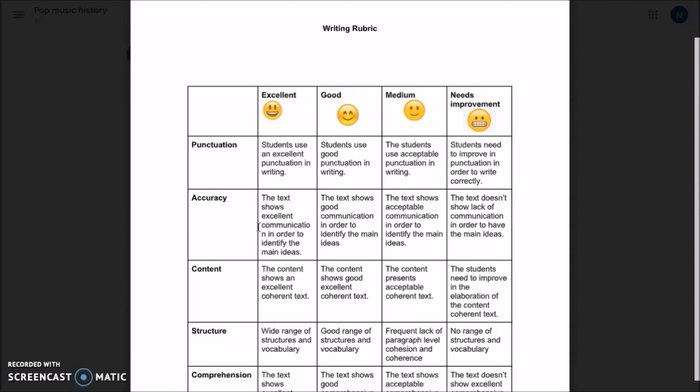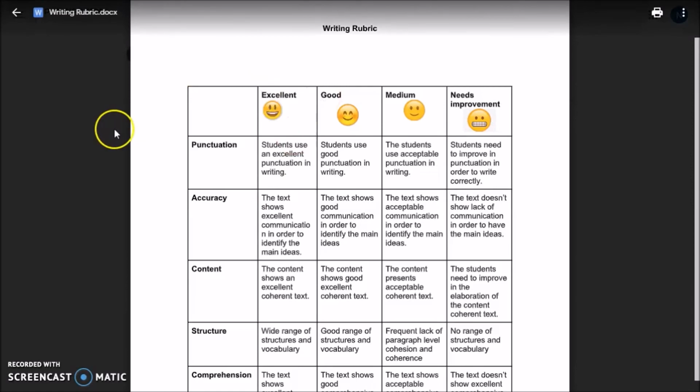For instance, in punctuation: students use excellent punctuation in writing; students use good punctuation in writing; students use acceptable punctuation; students need to improve in punctuation in order to write correctly, and so on.